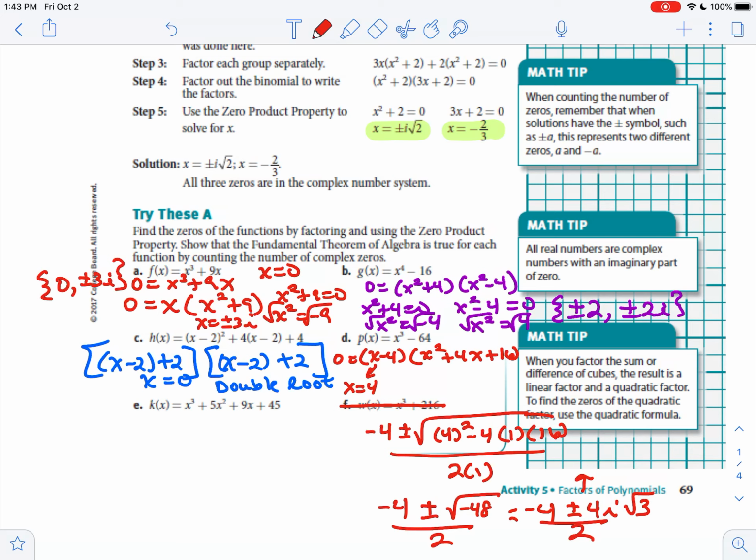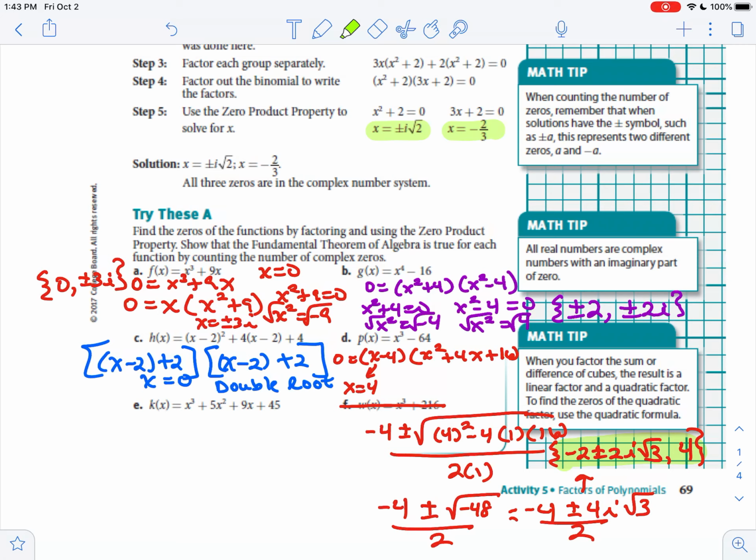So we'll put our final ones up here, we get negative 2 plus or minus 2i root 3. Okay, and that along with the 4 make up our 3 solutions. Okay, so it's a little bit of work when you have to use the quadratic formula, but we can always get our solutions that way.